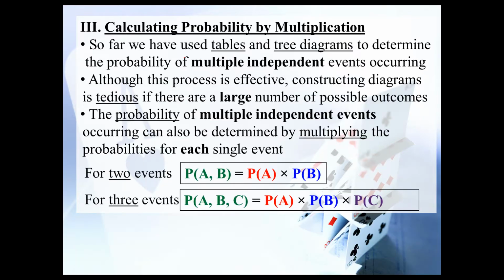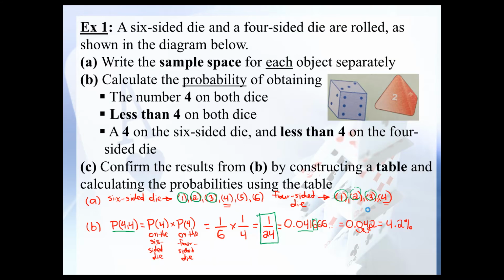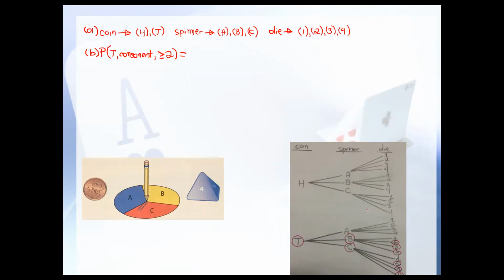Now, if we go back to the equation, for 3 independent events, the probability of events A, B, and C occurring would be equal to the probability of event A occurring, multiplied by the probability of event B occurring, multiplied by the probability of event C occurring. So let's break it down using that equation here.